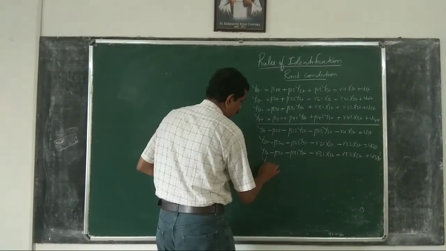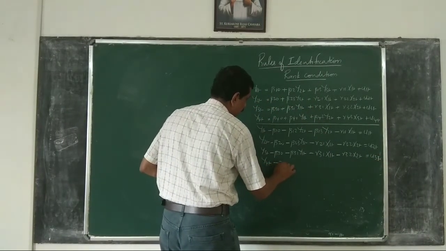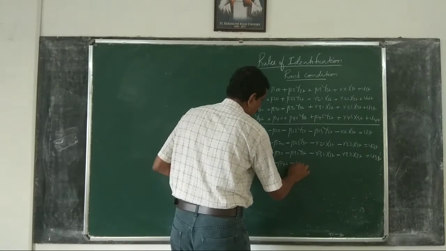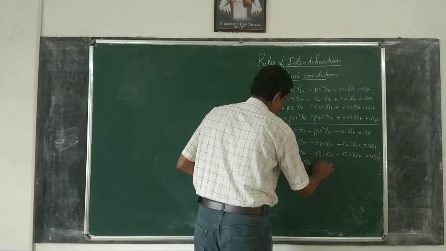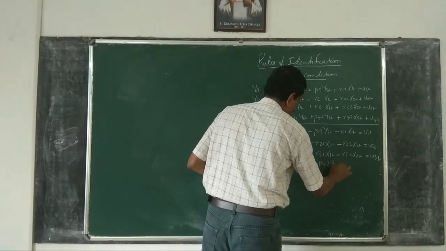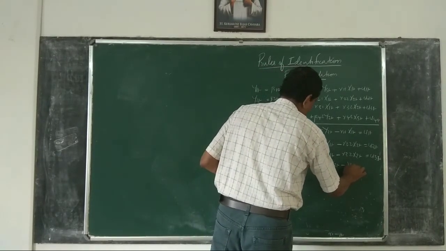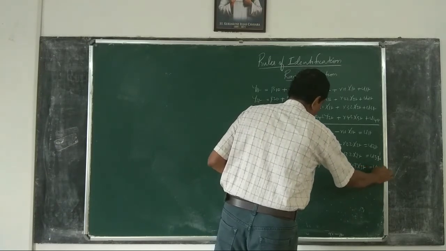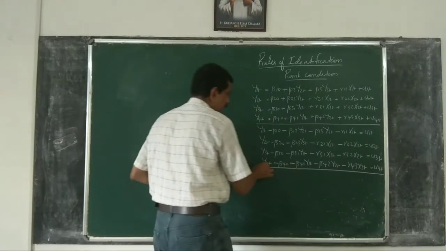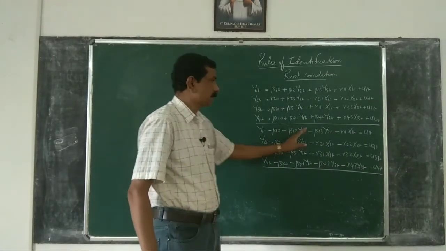Then y4t minus beta 40 minus beta 41 y1t minus beta 42 y2t minus gamma 43 x3t is equal to u4t. Rewrite the system like this.